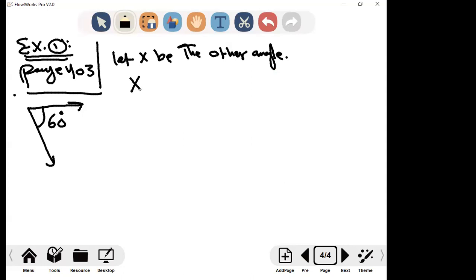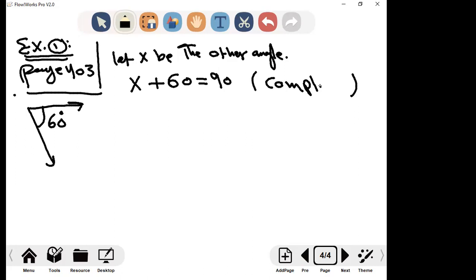So x, which we want to find, plus the given, which is 60, equals 90, because they are complementary.